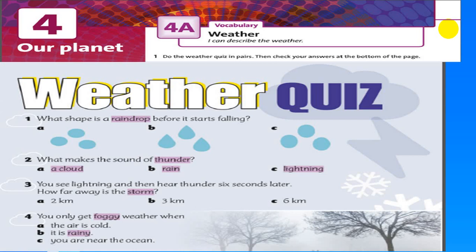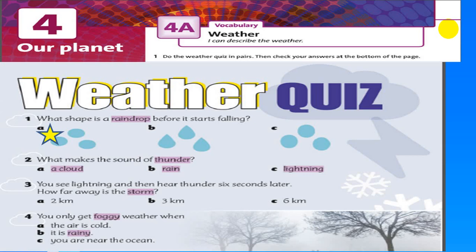What shape is a raindrop before it starts falling? A, B, or C? Which is the correct answer? Let's see. Yes, it's A. In this shape, they are in a semicircle shape.